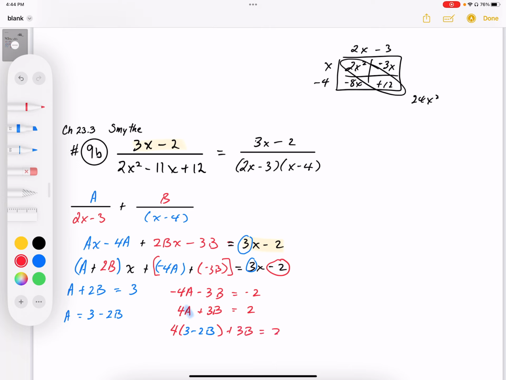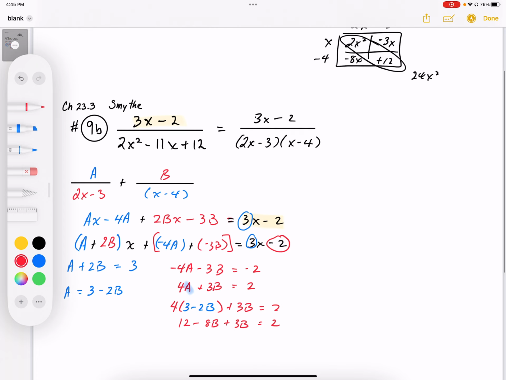So I can solve for my B here. I'm going to end up with 12 minus 8B plus 3B, that's going to be equal to 2. And it looks like I have negative 5B.